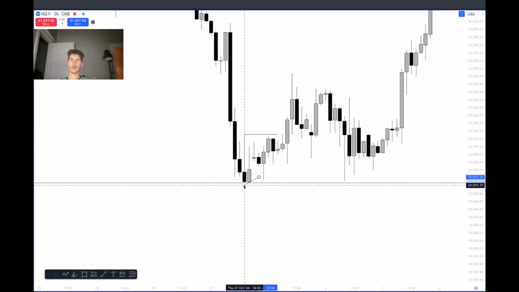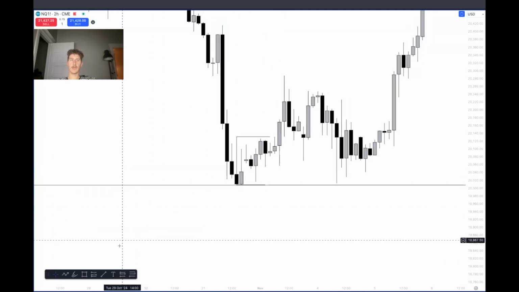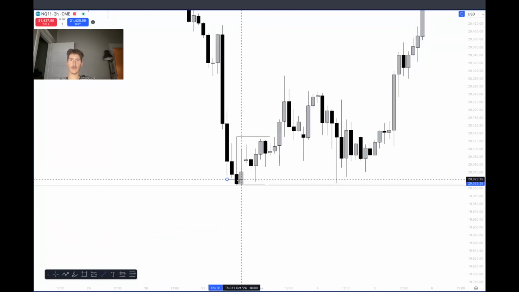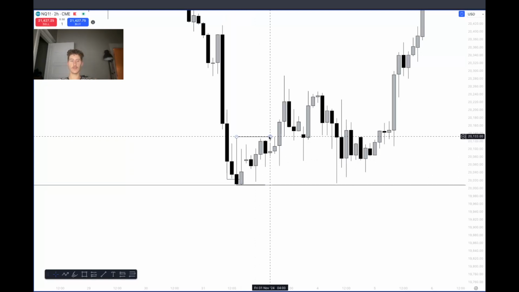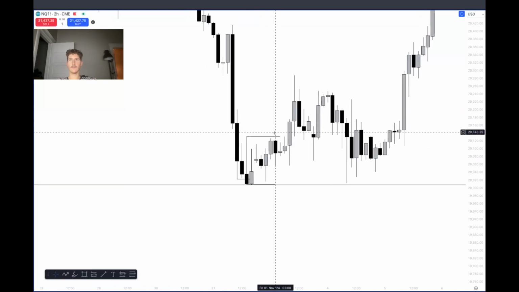I'm looking for closure above this guy, because it went lower with body closure than this initial one that we were looking for. I'm not looking for it here, even though this body did go below this body, it did not go out past the wick. But this body did go out past the wick, so therefore we're looking for closure above this, which validates the low.